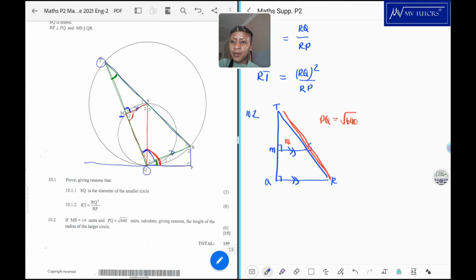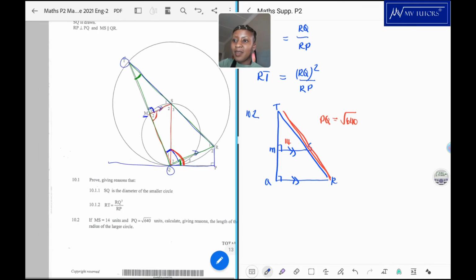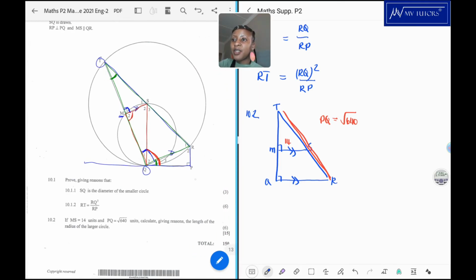I don't know if that will help. Where is PQ? Oh, there it is. So I have PQ here. Okay, so we said that PQ is actually in proportion to TQ, right? Yes. Okay. And then MS. What can I do with MS?